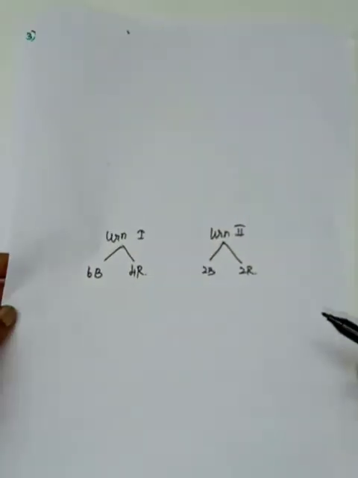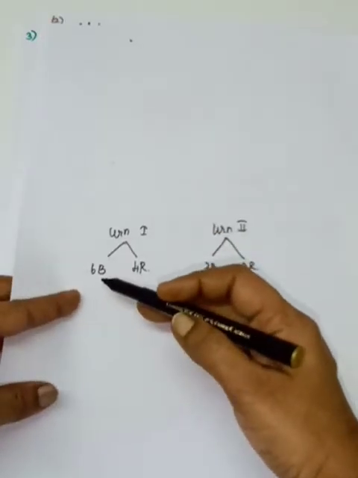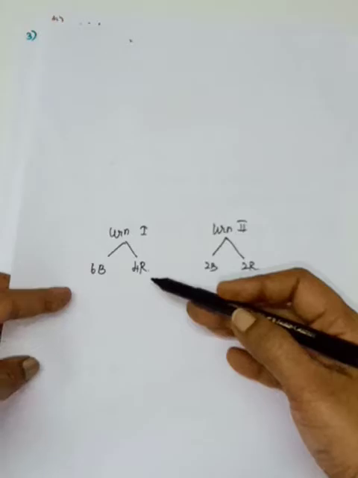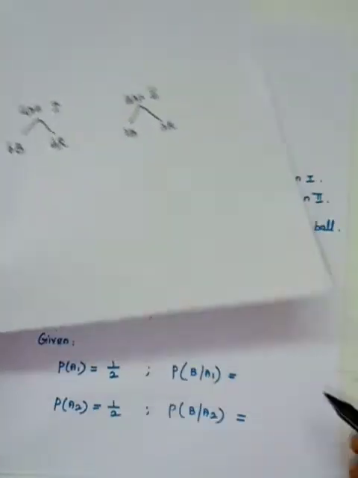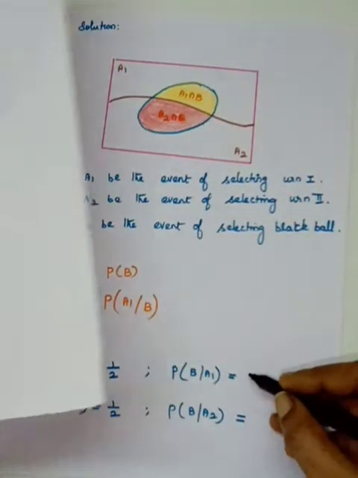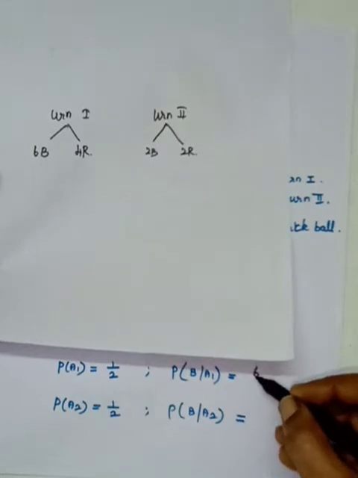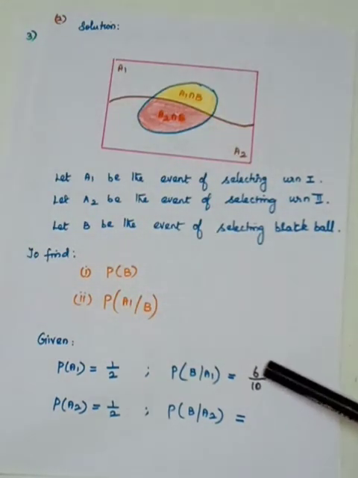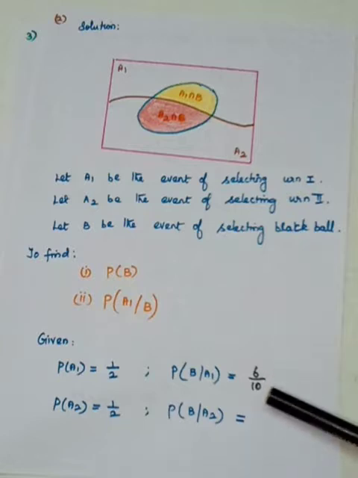So urn 1 has how many black balls? 6 black balls. Total number of balls is 10. So therefore P of B by A1 is 6 by 10.